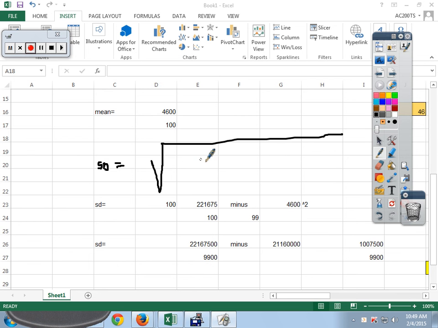Of n times the summation of f times x squared. And that's one part, your first part.